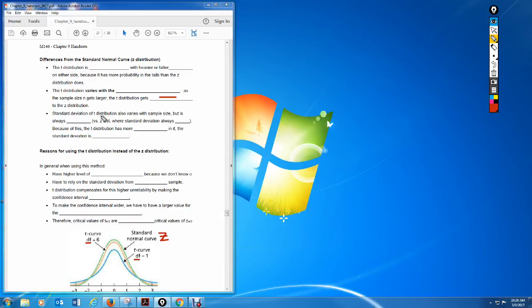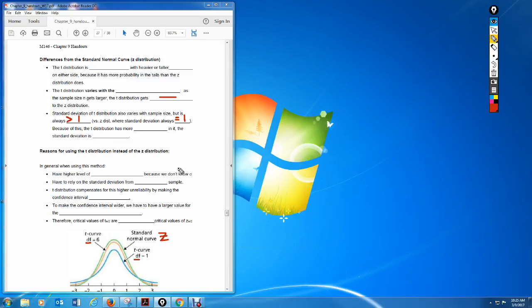The standard deviation of the t-distribution, its spread, also varies with the sample size, but it is always greater than 1, versus the standard normal z-distribution, where the standard deviation, as we already know, is always equal to 1. So because of this, the student t-distribution has more spread in it. The standard deviation is greater.